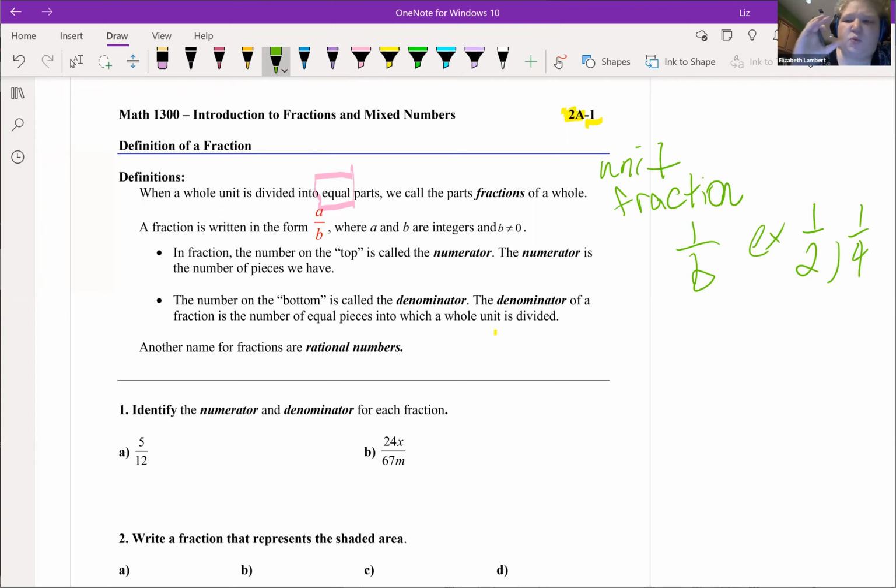This represents one piece of the size we're talking about in relation to whatever we define as the whole. A lot of times I think of either a big pizza or a big pan of brownies, depending on what kind of fraction they want me to cut it in, because I don't want to cut a pizza into 17ths. I don't really want to cut a brownie into 17ths either, but I could figure it out better with the rectangle.